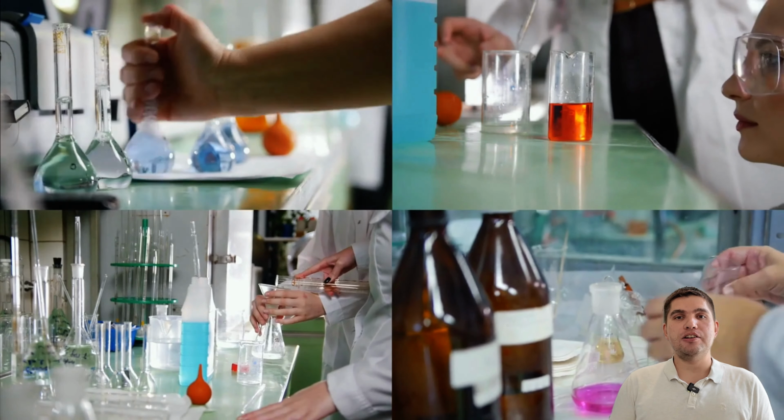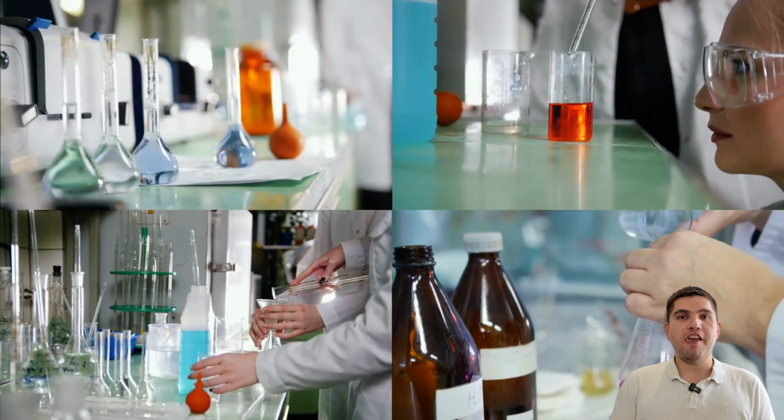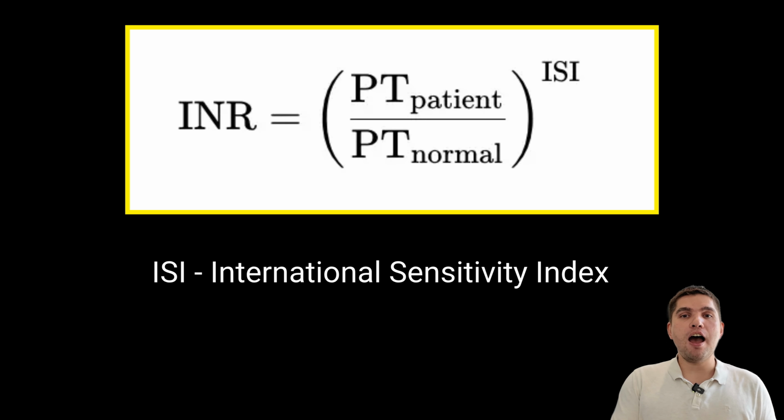Now, here's the catch. PT, or prothrombin time results, can vary depending on the reagents used by each lab. That's where the INR, or International Normalized Ratio, comes in. It standardizes PT across labs and makes it possible to compare values accurately.